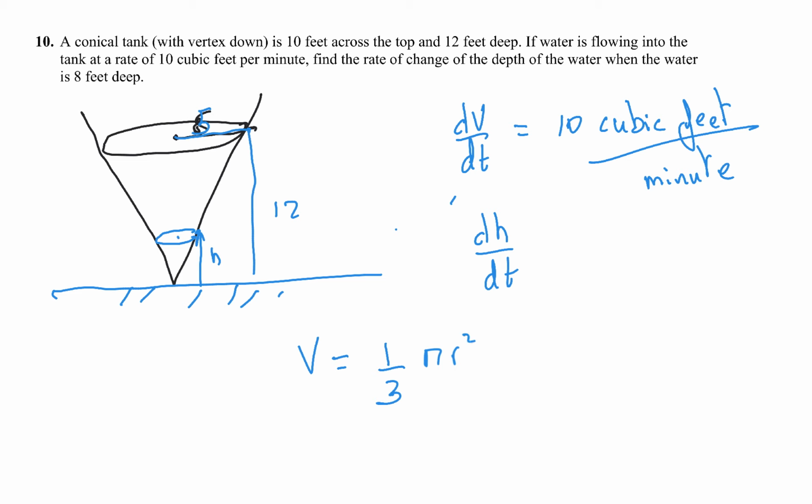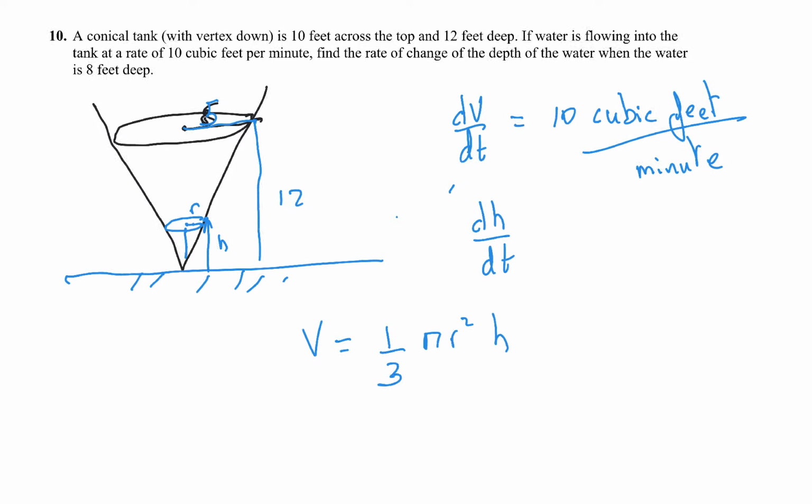So this is the r, this is the r, and this is the h. This is the h also. So the volume of a small cone of radius r, little r, is 1/3 pi r squared multiplied by h.